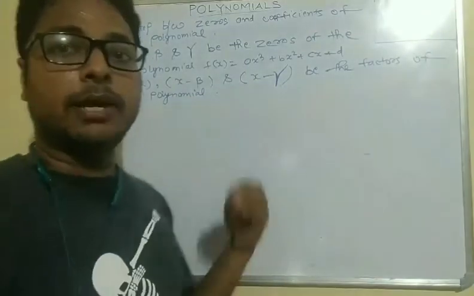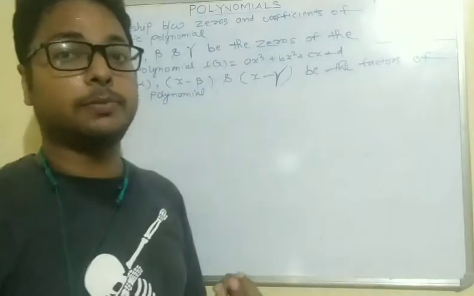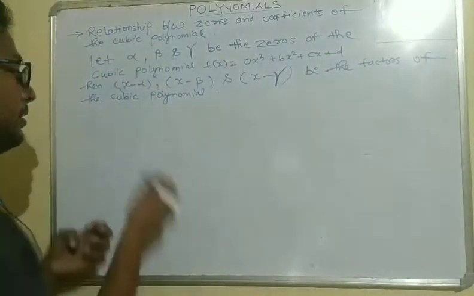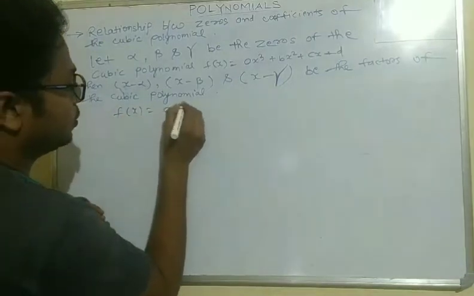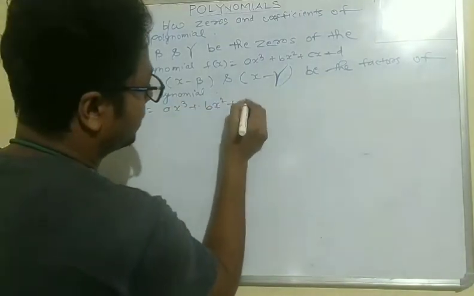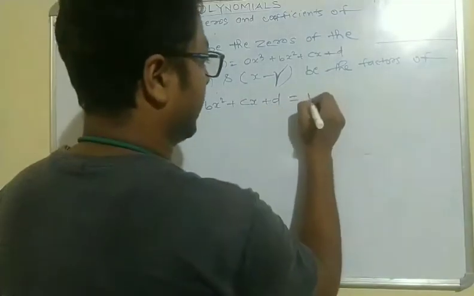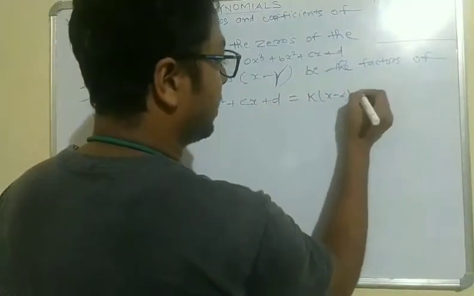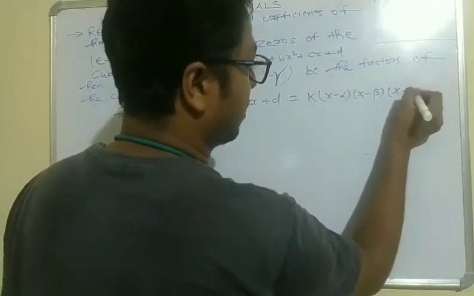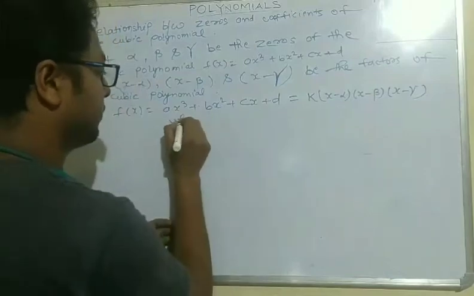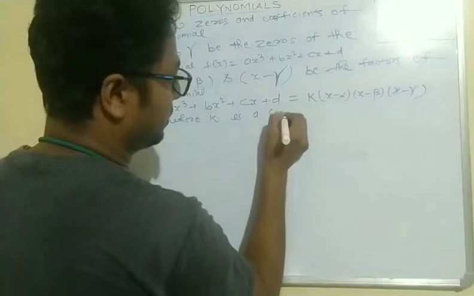Here I will do the same actions that I have done in the earlier concept of quadratic polynomial. f(x) equal to ax cube plus bx square plus cx plus d can also be written as k times (x minus alpha)(x minus beta)(x minus gamma), where k is a constant.